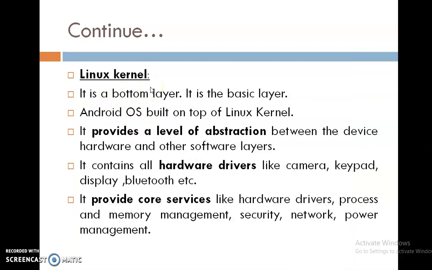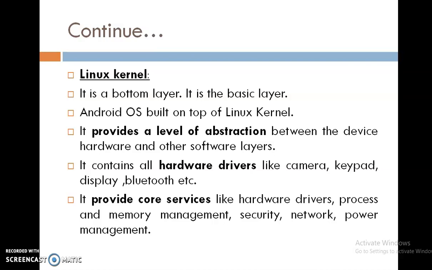Now, first layer, Linux kernel layer. Linux kernel is the bottom layer. Linux kernel is the basic layer of Android framework. The Android operating system is built on top of the Linux kernel. It provides a level of abstraction between the device hardware and other software layers. It provides core services and contains all the hardware drivers like camera, keypad, display, Bluetooth, etc. Now, for example, consider the Bluetooth function.